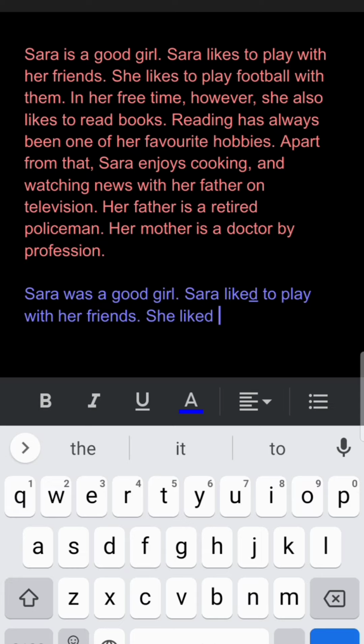You don't have to make the S of friends capital. And always put punctuation marks, always use the full stop and the commas. Sarah liked to play with her friends.